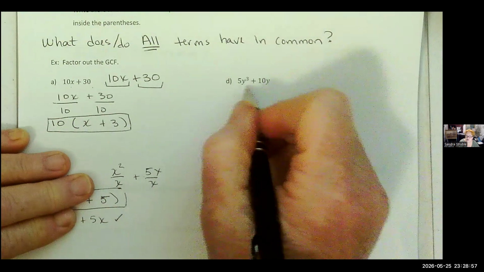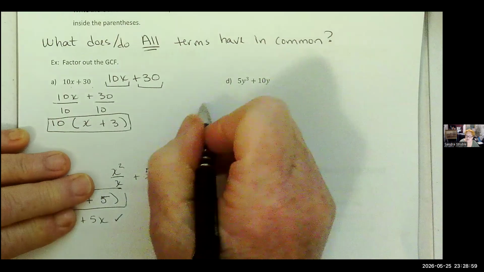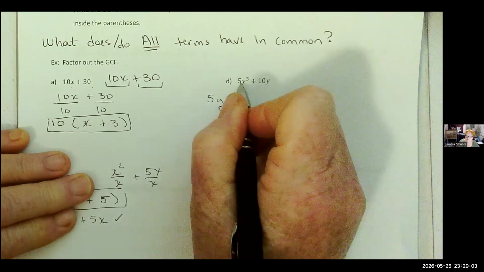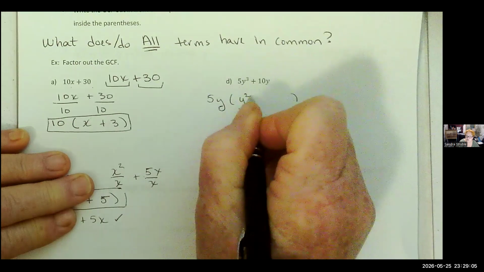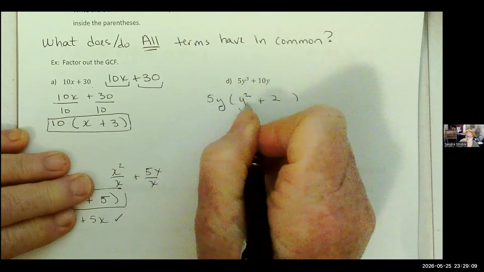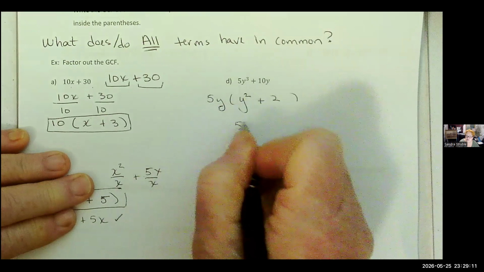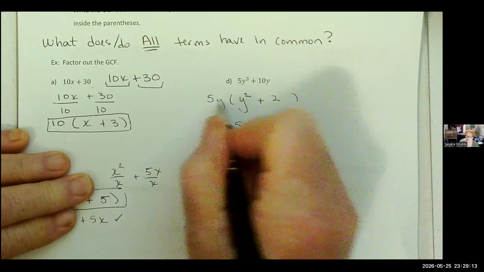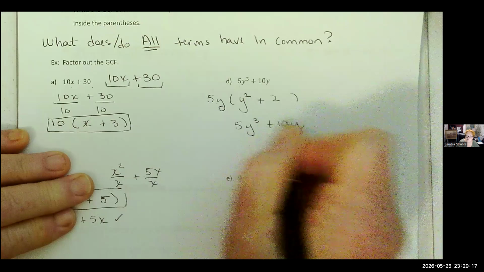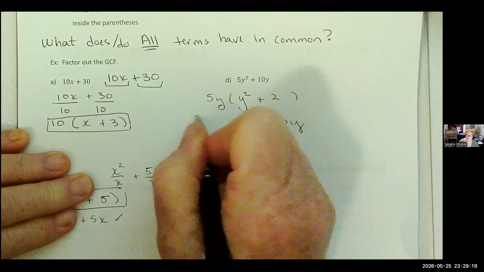I can factor out a 5y, and when I do that, I'm left with y squared plus 2. So 5y times y squared is 5y cubed. 5 times 2 is 10. And don't forget the y. So it looks like the original. Therefore, we are factored out.